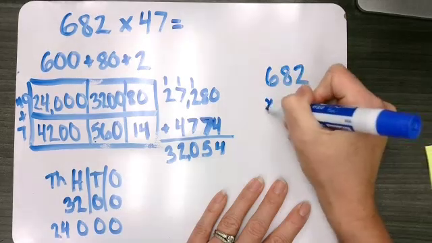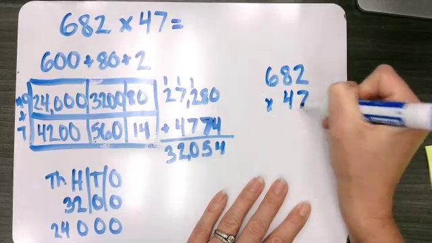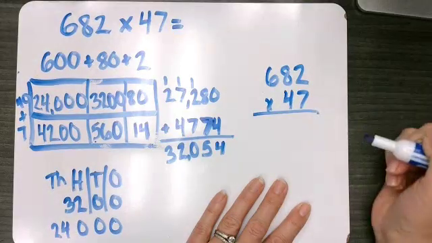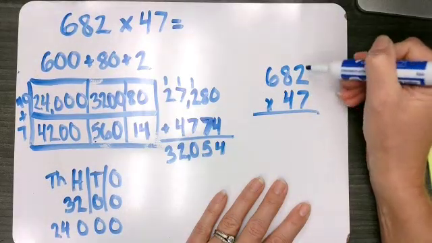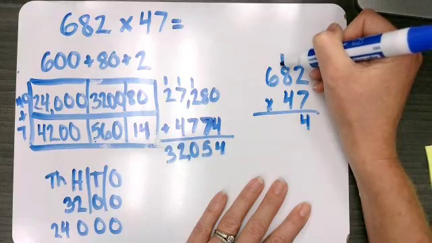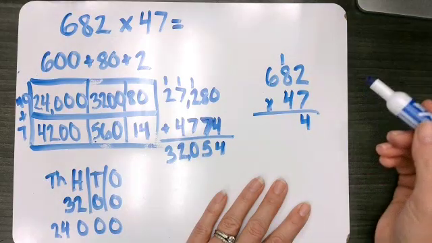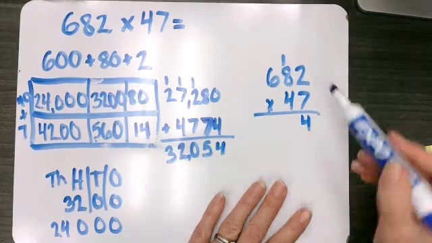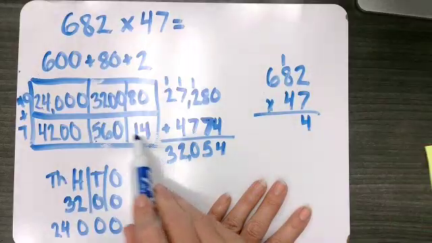We have 682 times 47 using the traditional algorithm. So we'll say 7 times 2 is 14. And we're going to go ahead and regroup. That is just like we did here.